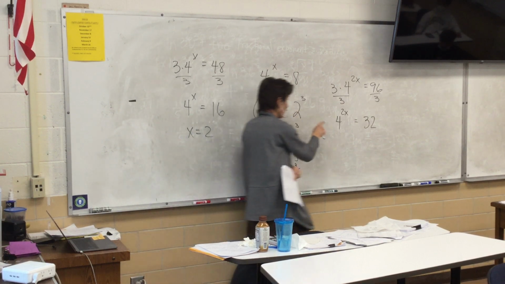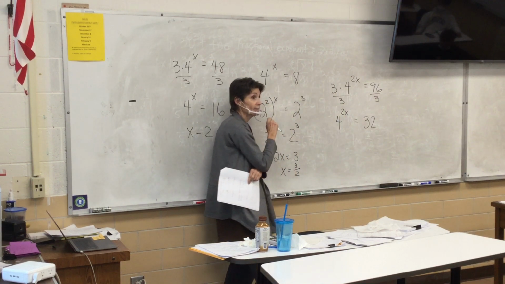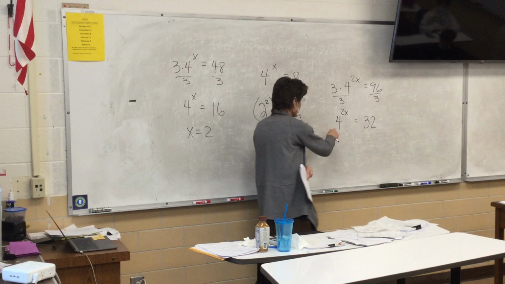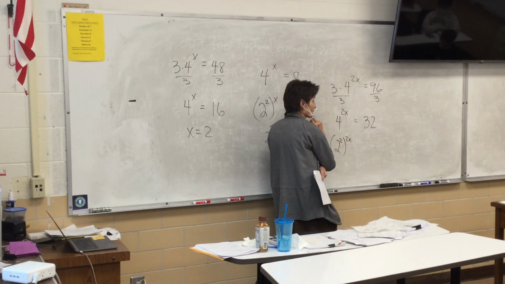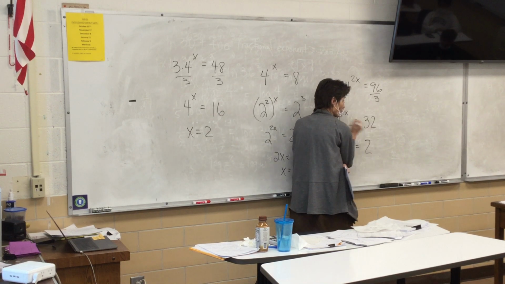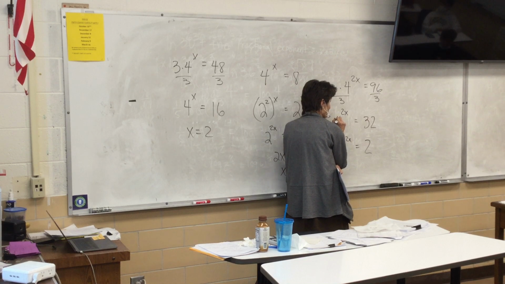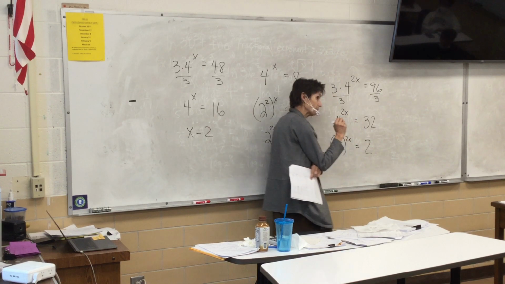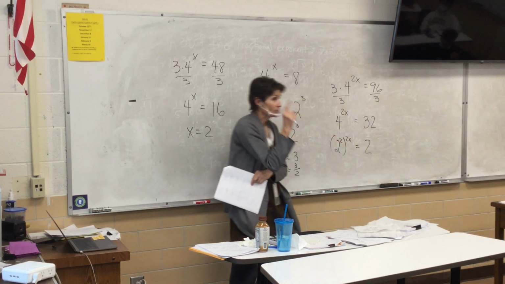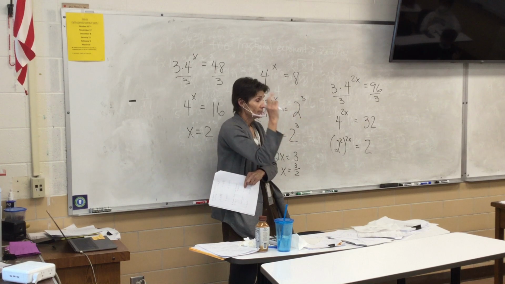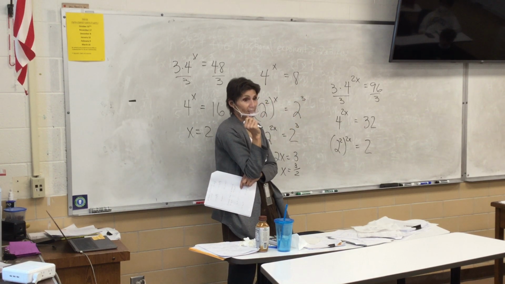However, 4 and 32 can both be written as powers of 2, because 4 is 2 squared, and 32 is 2 to the what? We can randomly guess, sit around and stare at each other, or we can figure it out. 2 times 2 times 2 times 2 times 2. 2 to the 5th.